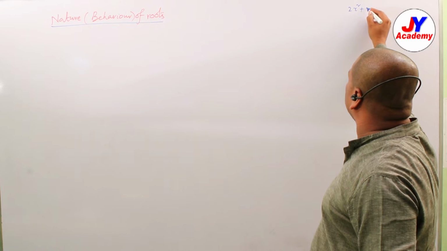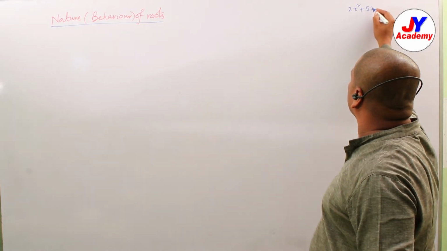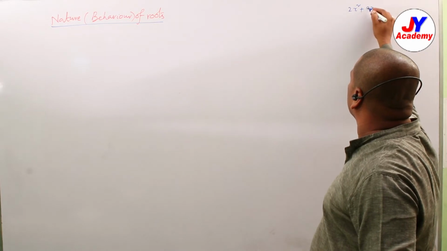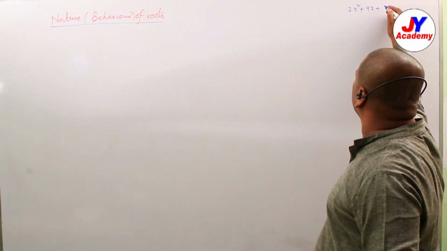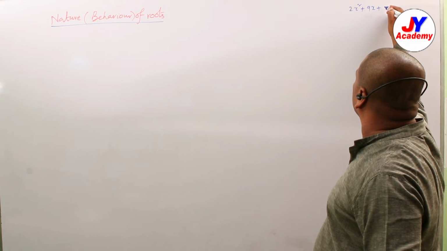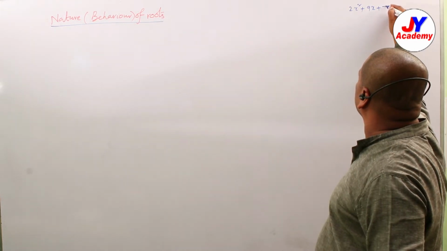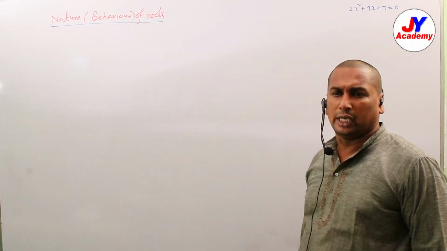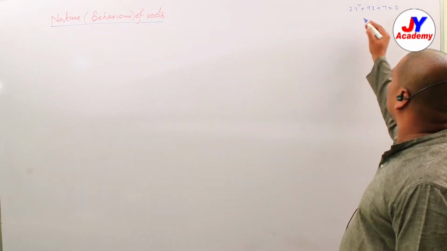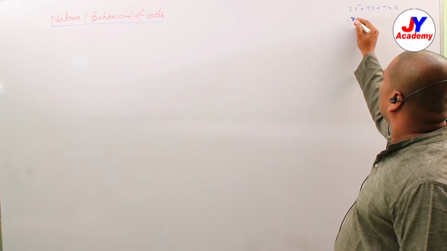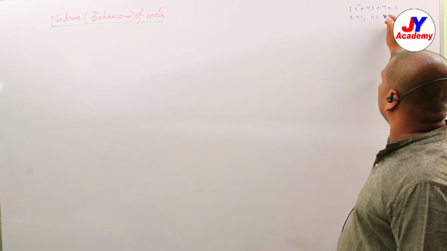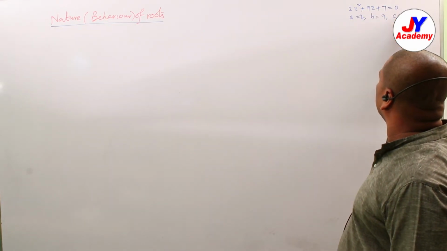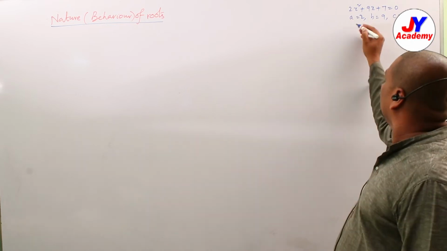2x square plus 9x plus 7 equal to 0. Here what are the roots? a equal to 2, b equal to 9, c equal to 7.